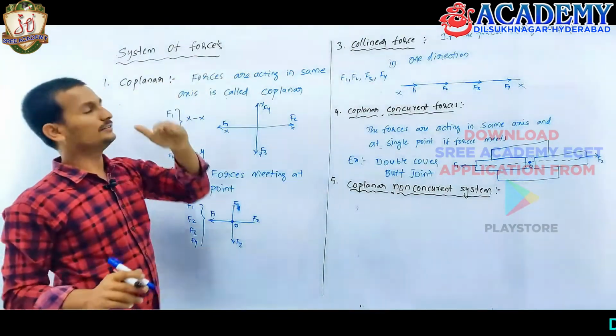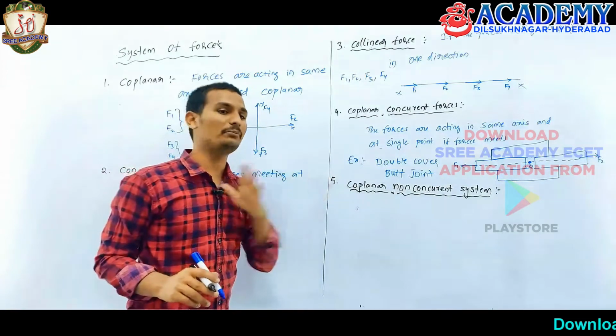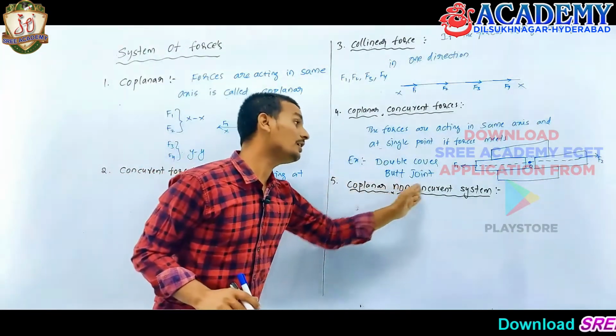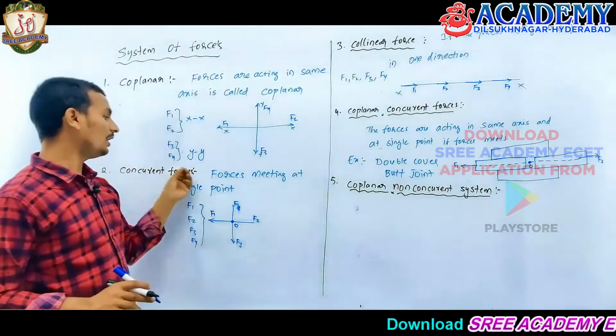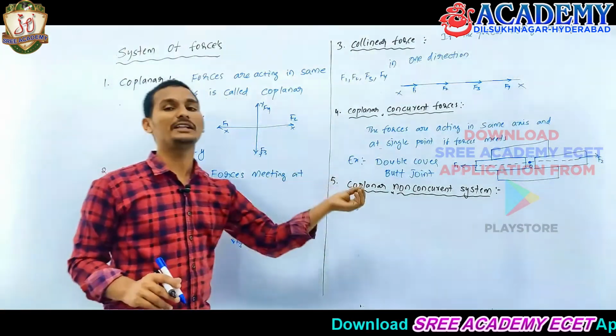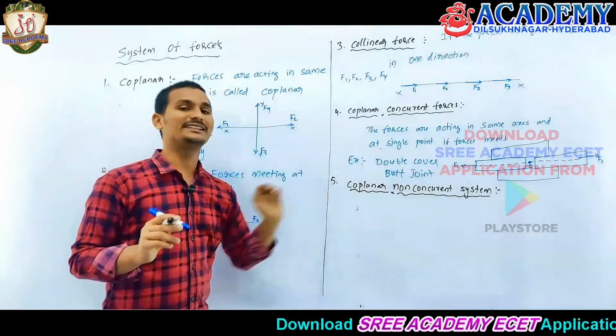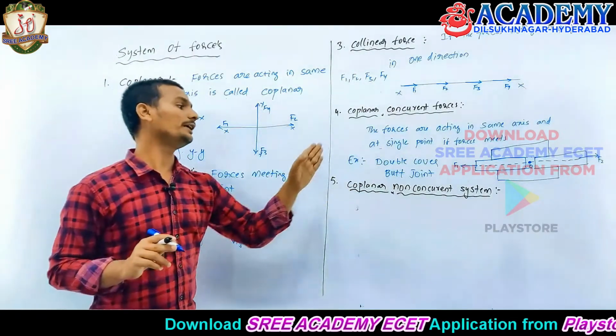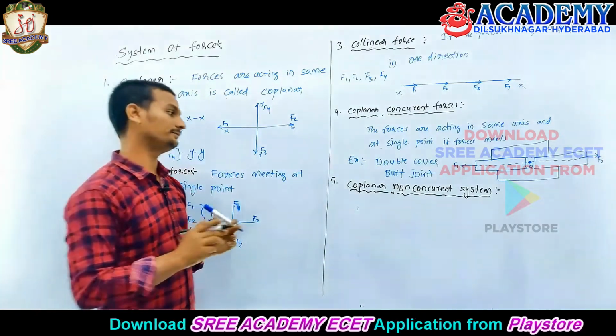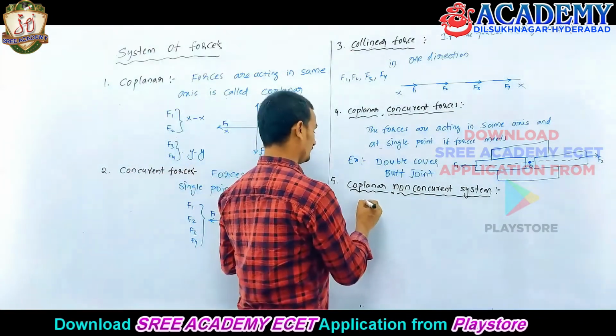Coplanar is again if the forces are acting in the same axis and non-concurrent. Non-concurrent is nothing but all the forces are not meeting at a single point, that we call a coplanar non-concurrent system.